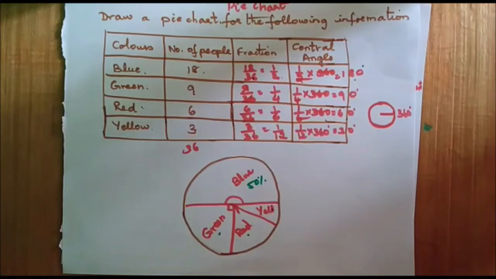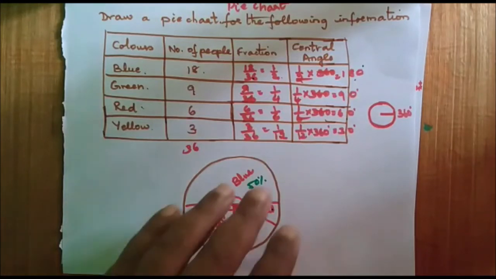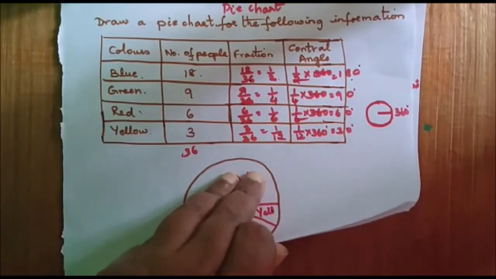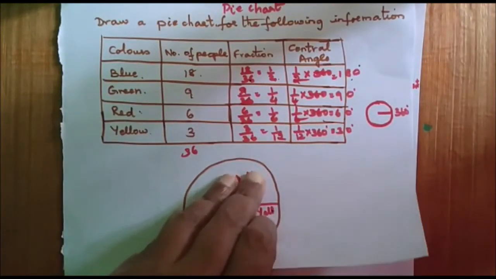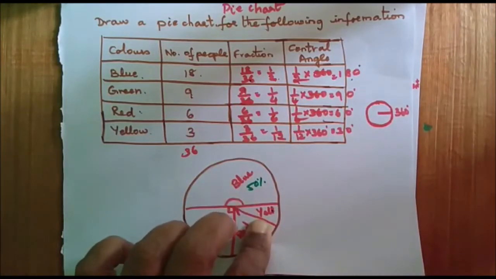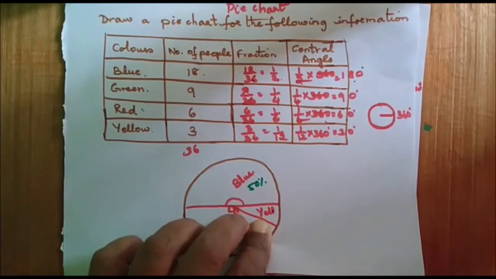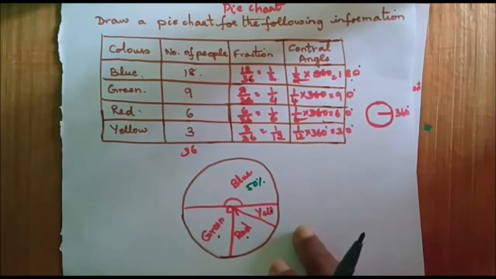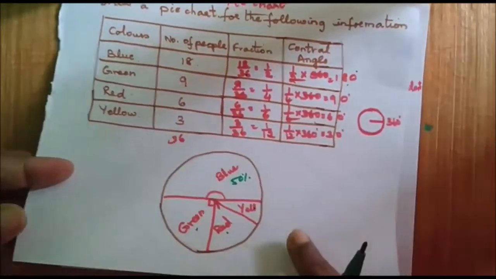Sometimes this data is given in the form of percentage, so it is even more easily understandable. Okay, so this is how in a circle we divide it into degrees. The entire pie chart is 360 degrees. We divide them into degrees and we draw the pie chart. Okay, I hope you understood this.